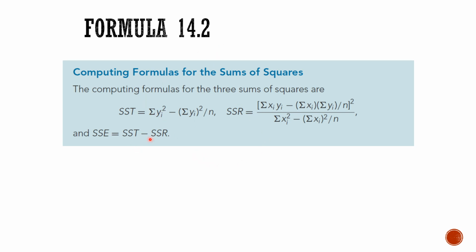Again, keep in mind r squared is equal to SSR over SST, and the computing formulas for SST and SSR are given here. Now we are going to use the example of the Orion cars to find its r squared value. So in the next slide, we'll see the data and let's do the calculation using these formulas.